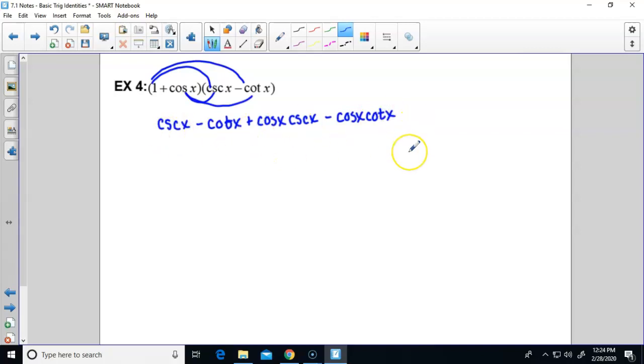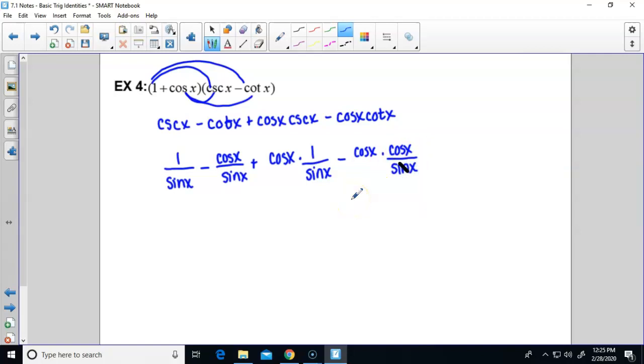Now this looks bad, like there's probably not much you can do with this. But what we can do is change everything to sine and cosine. So cosecant is 1 over sine x. Cotangent is cosine x over sine x. Then we'll have cosine x times 1 over sine x, and cosine x times cosine x over sine x.